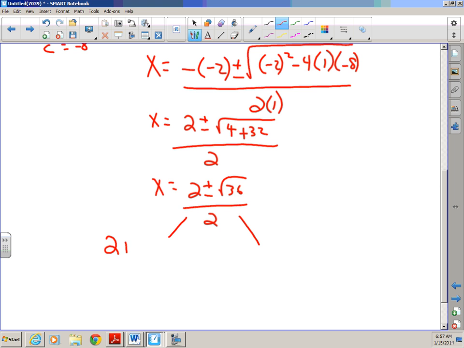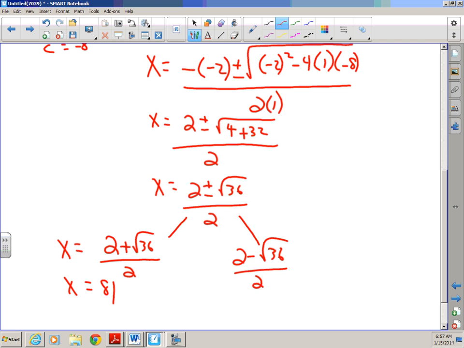So I'm going to do 2 plus the square root of 36 divided by 2, 2 minus the square root of 36 divided by 2. So x is equal to 8 divided by 2, which is 4, and x is equal to negative 4 divided by 2, which is negative 2, which are the two answers that we had above.